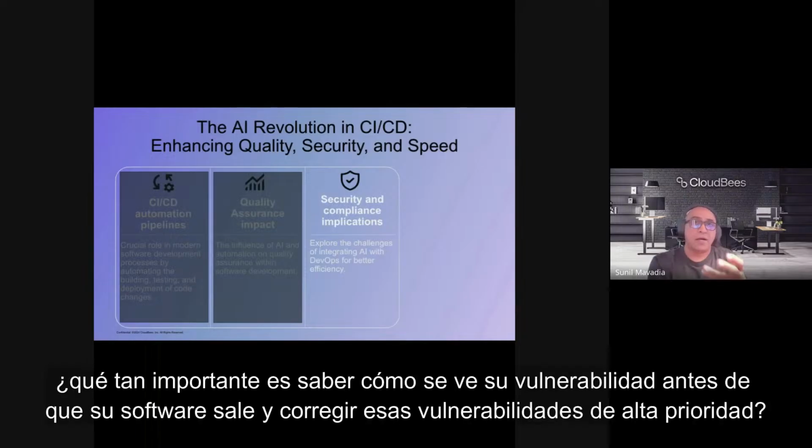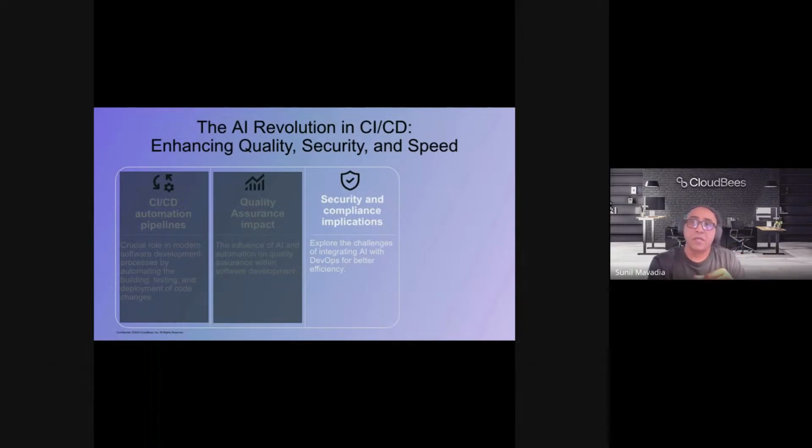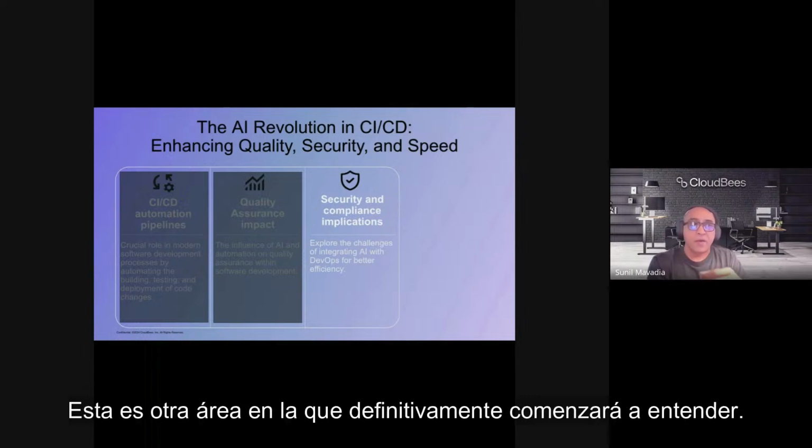Security. How important is it to know what your vulnerabilities look like before your software goes out, and to remediate those high priority vulnerabilities? This is another area that AI is going to definitely start catching on to.